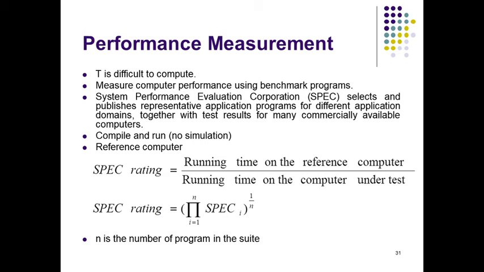A non-profit organization called the System Performance Evaluation Corporation, that is SPEC, selects and publishes representative application programs for different application domains, together with the test results for many commercially available computers.